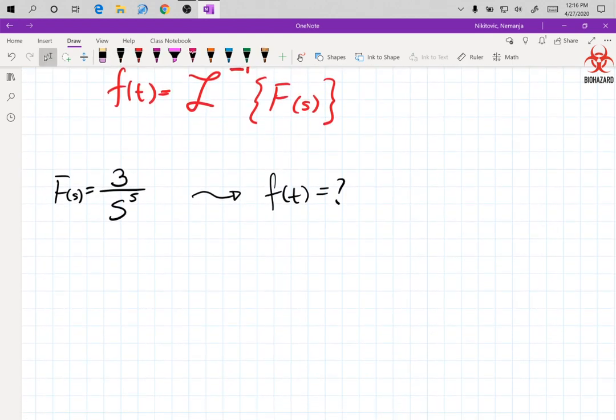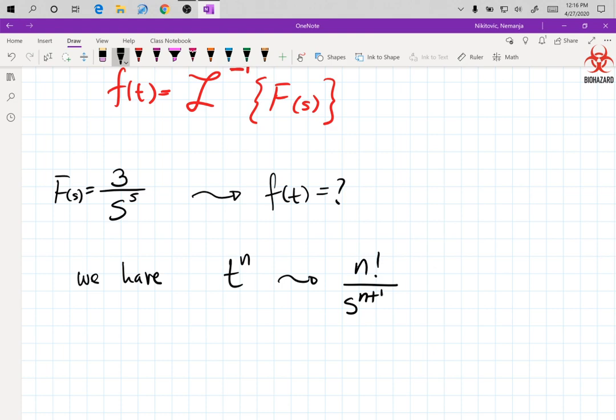Okay, so what do you first look at? The table of values, right? And you go and you say, there is that t to the n. Okay, so we have where t to the n transforms into n factorial over s to the n plus 1.